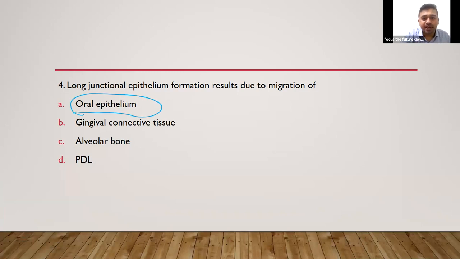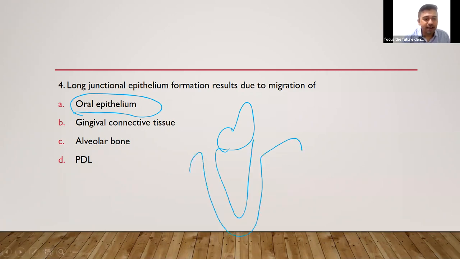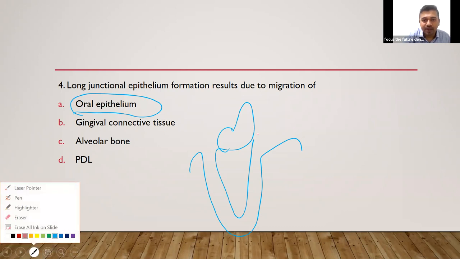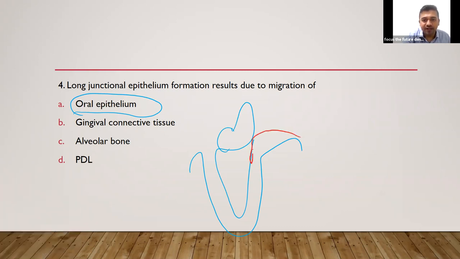I drew that diagram multiple times, but let me draw it again so that you don't forget this. This is very important, an MCQ question that keeps repeating itself. When the epithelium migrates till the base of the pocket, it forms long junctional epithelium. It just adapts onto the root surface. So question number 4, answer is A, oral epithelium.